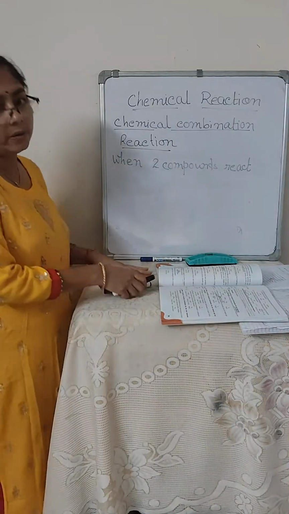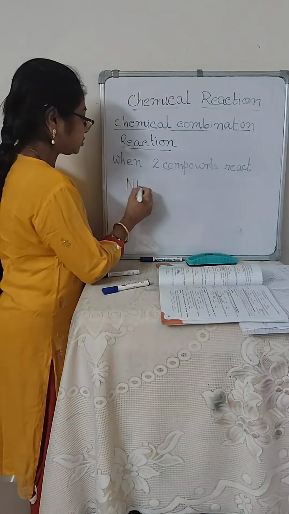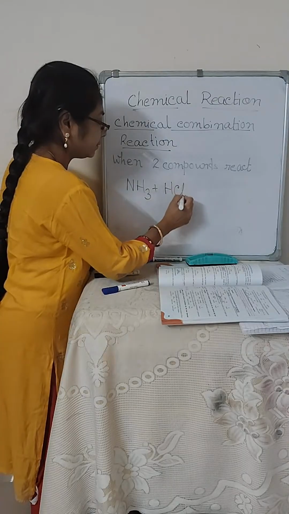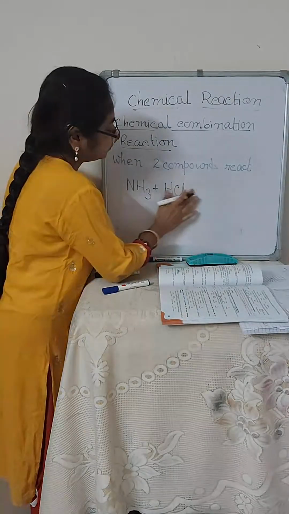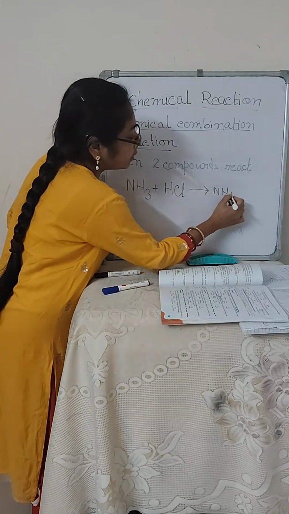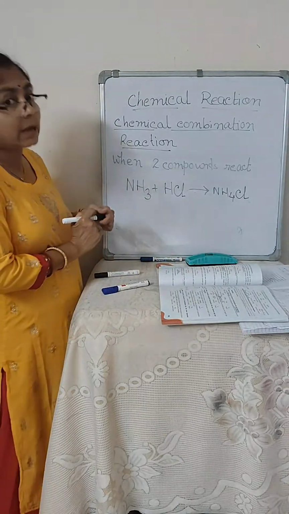When two compounds react, NH3 plus HCl equal to NH4Cl. Look, what is our third point?